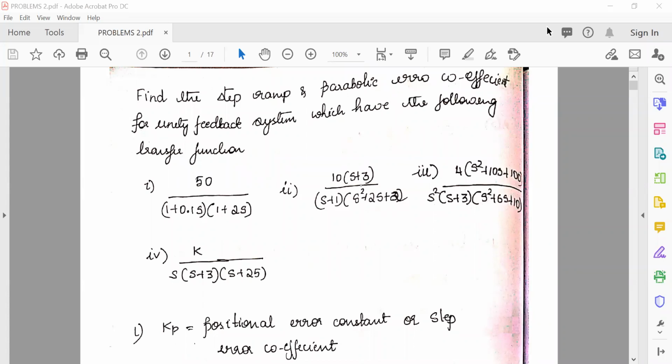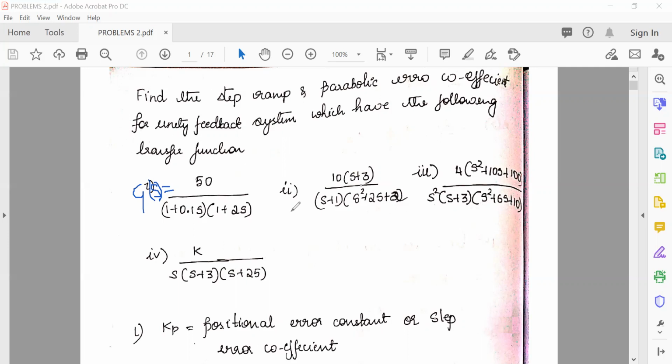In that case, g of s into h of s is nothing but g of s. All these expressions are equal to g of s. So h of s is anyway 1, and g of s into h of s is nothing but these expressions themselves.